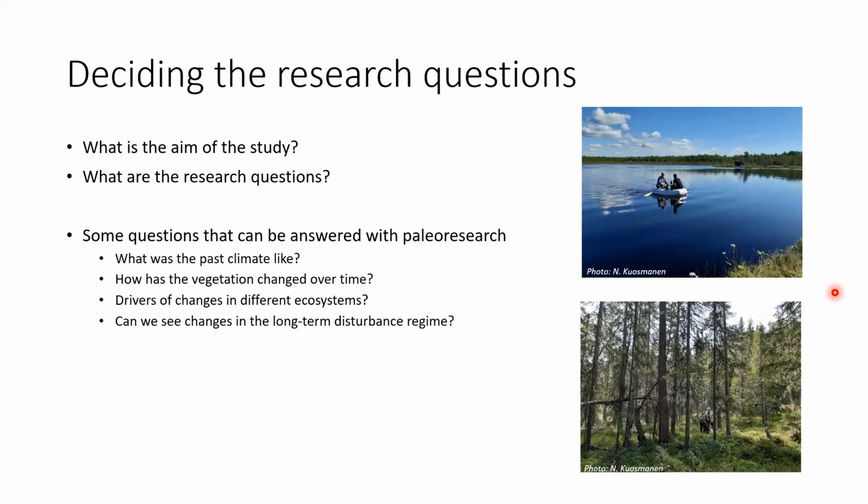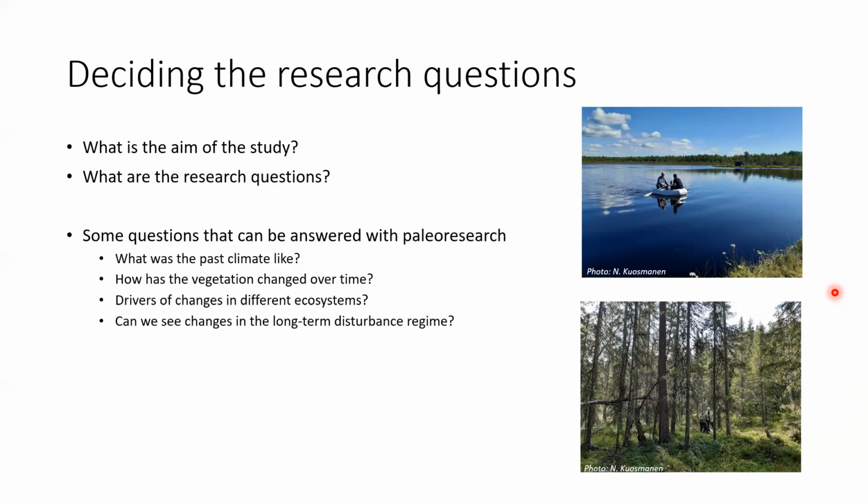And so this will then define what we are actually looking for when we are going, for example, to do fieldwork. If we are trying to look at past climate or vegetation, we would often look at pollen, or for past climate, we could use pollen or biomarkers or other proxies like chironomids and so on. If we want to look at changes in the disturbance regime, we would, for example, look at fires and so on, and look for charcoal from the sediments.